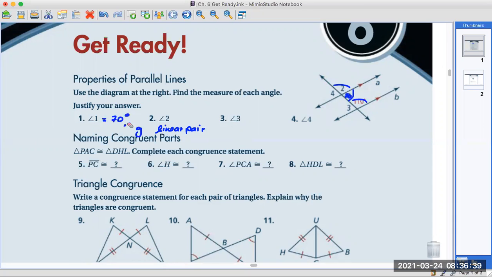They're called consecutive angles, or sometimes same side interior. Linear pair, sum is 180. So that one would also be 110. These two are called corresponding.